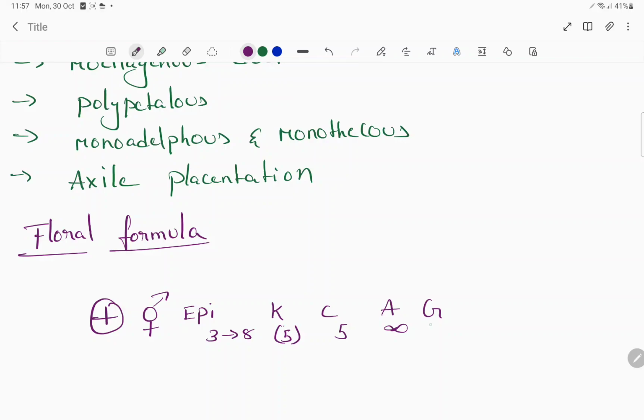Coming to the gynoecium, we have the superior ovary and we have 2 to infinity carpels. We have epipetalous condition. So this is the floral formula.